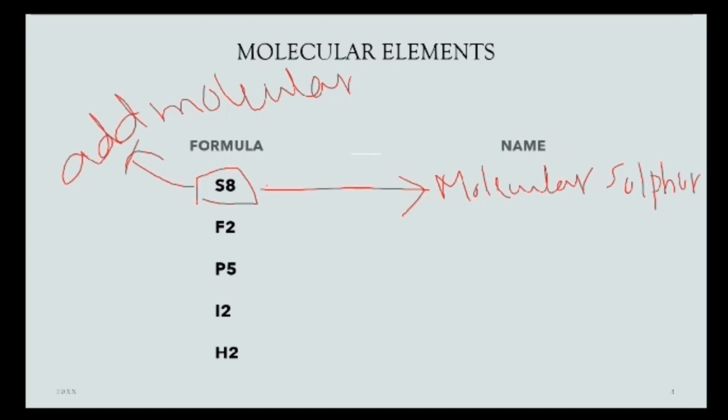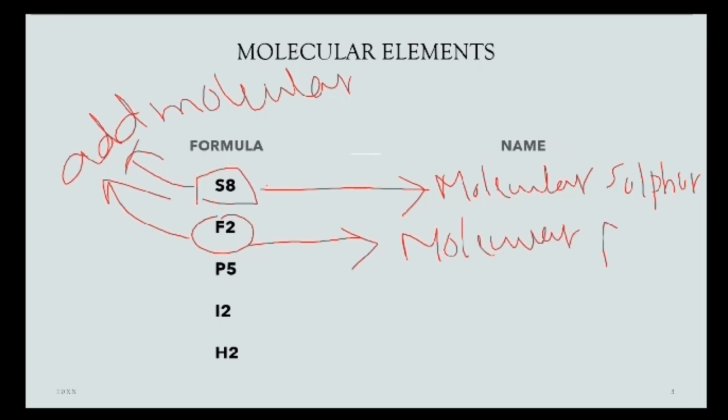Similarly, I will name the other molecules and we will use the same rule. So F2 is molecular fluorine because F means fluorine. This is very easy, so I will leave the rest for you to solve.